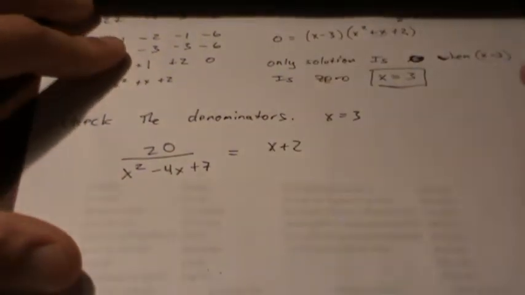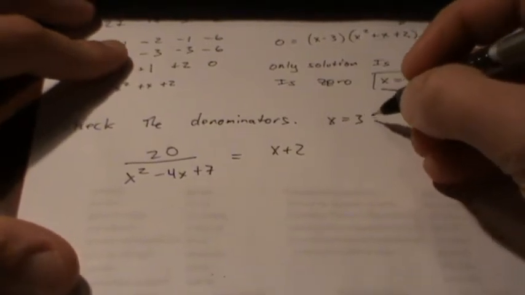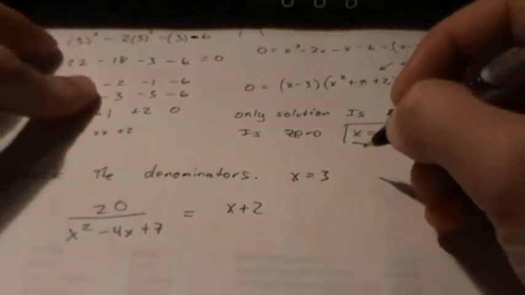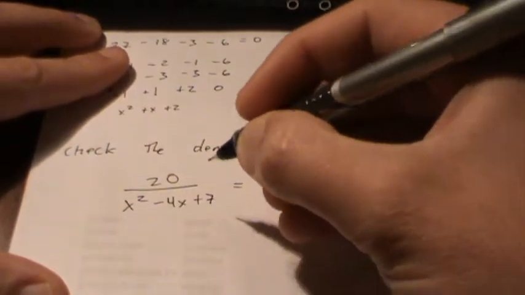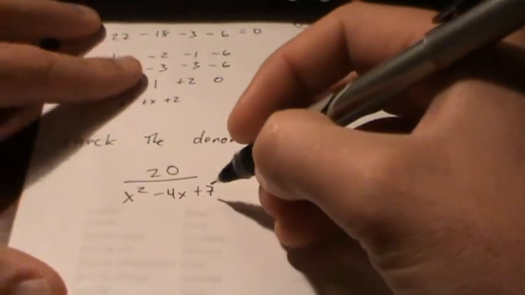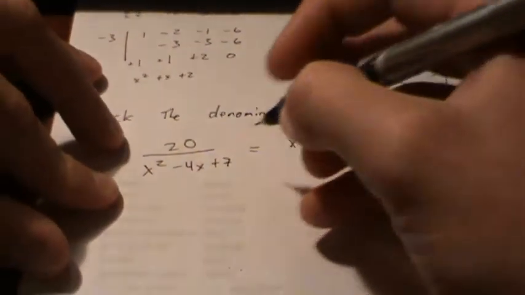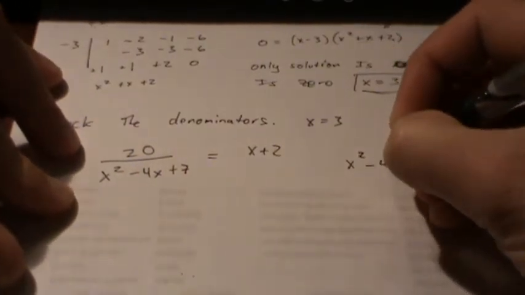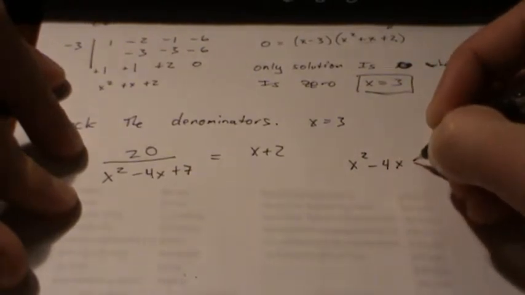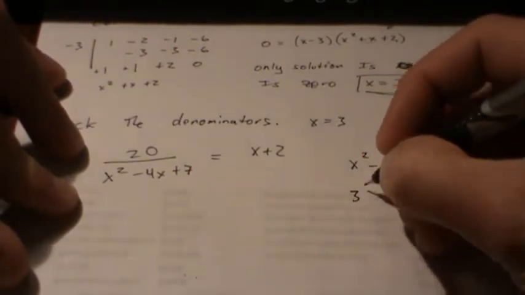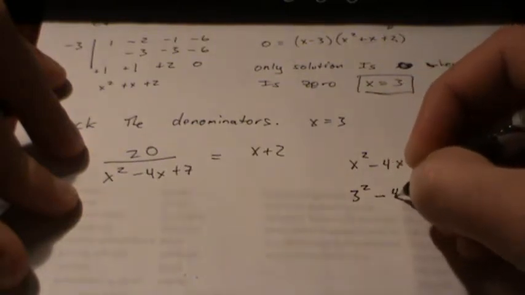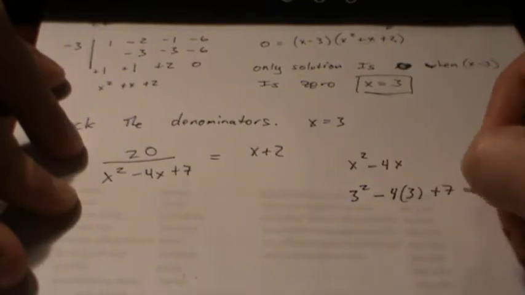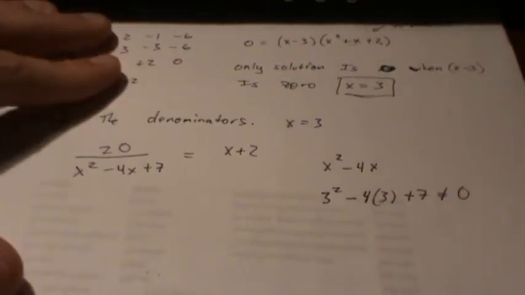Okay. So this is a solution that I found. What I would do is I'd take all the solutions that I found and I'd plug them into the denominator here and see if I get a 0. Because remember, you can't have a 0 in the denominator. So I'm just going to say x squared minus 4x, 3 squared minus 4 times 3 plus 7 cannot equal 0.